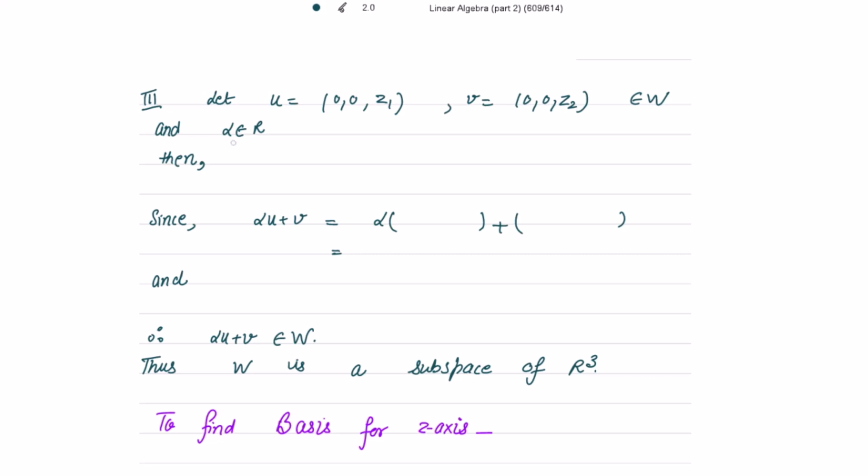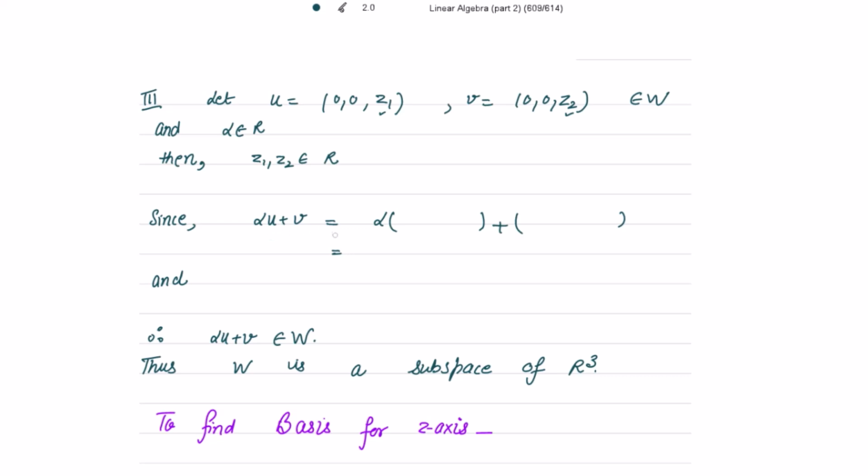And let me take my scalar to be alpha, which belongs to the real numbers. Then this z1 and this z2 also belong to the real numbers, according to the definition of W.